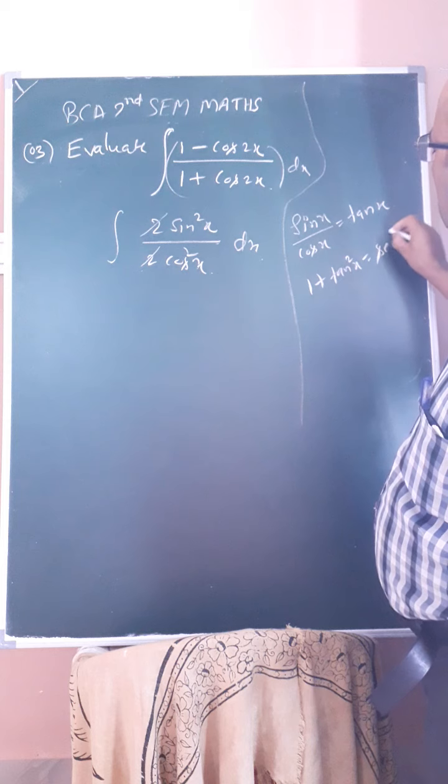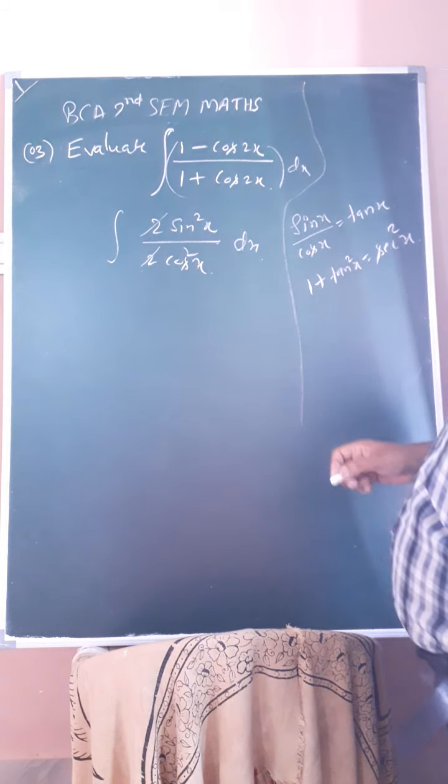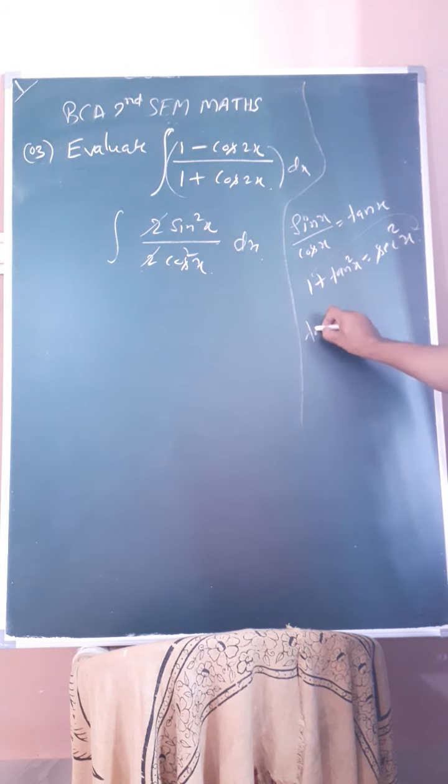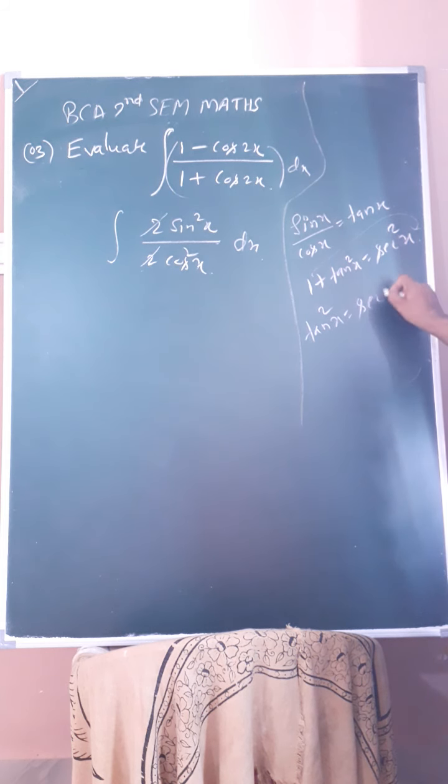And 1 plus tan square x is equal to secant square x. If you solve for tan, this 1 will go to this side. Tan square x is equal to secant square x minus 1.